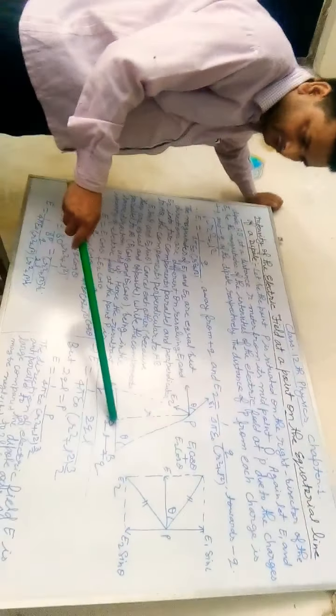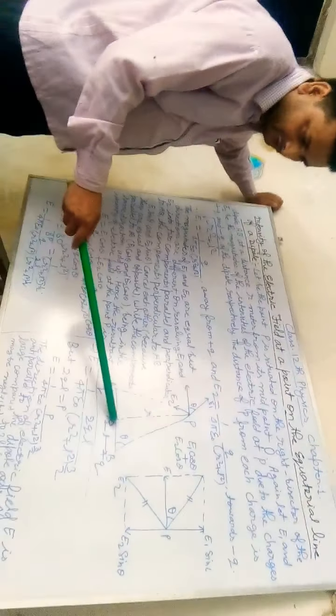PA and PB mean the distance from P to charge A and P to charge B. So first, according to Pythagoras theorem, since it is perpendicular, it is the hypotenuse, and the value of AP will be under root r square plus L square. Similarly, the value of PB will also be under root r square plus L square.